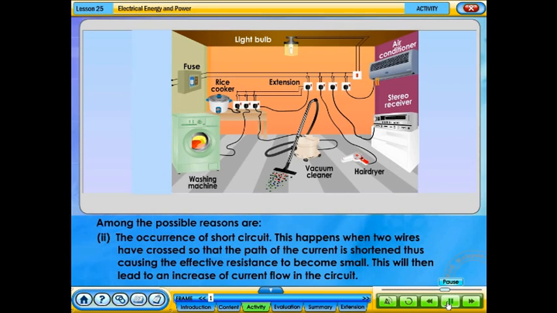The occurrence of a short circuit. This happens when two wires have crossed, so that the path of the current is shortened, thus causing the effective resistance to become small. This will then lead to an increase of current flow in the circuit.